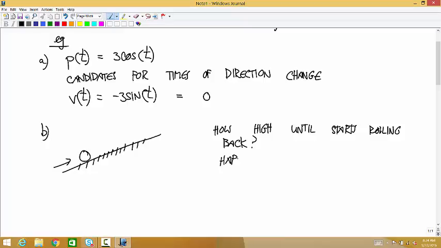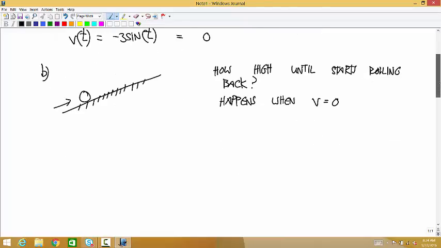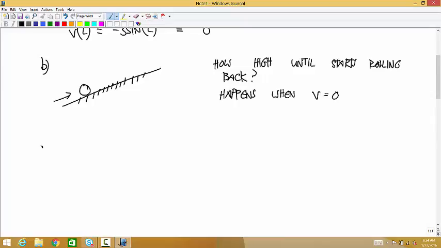And that time is going to be the time when it instantaneously comes to rest and then starts going back the other way. Another example is if you throw an object up into the air, eventually it's going to get to this highest point.